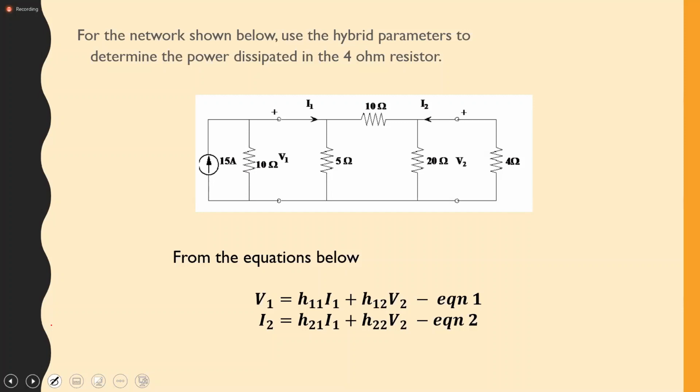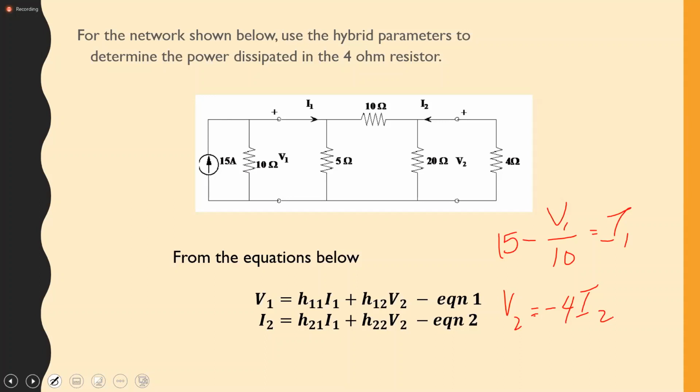Now, remember, we had derived an expression for I1. I1 we said was 15 minus V1 over 10. That's what we had for I1. And for V2, we had that V2 was equal to minus 4 I2.